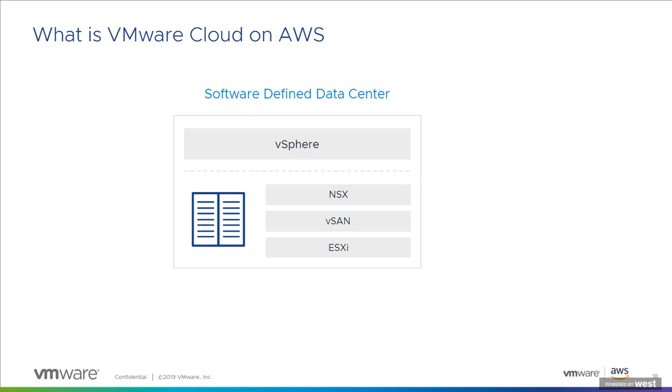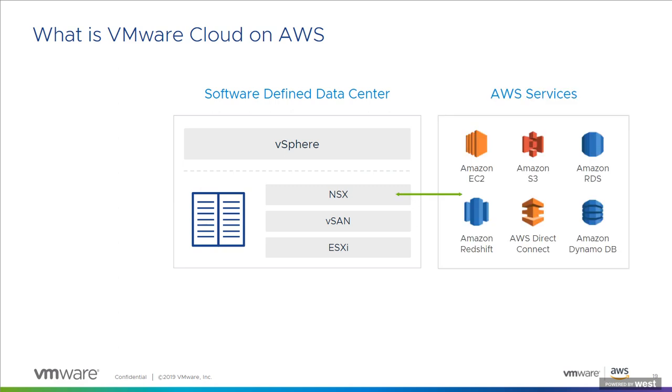So you have a software-defined data center. It's comprised of things like vCenter, vSphere, ESXi is the hypervisor, NSX is the networking security layer, and vSAN is the storage layer. With that, we get to combine that with the native AWS services.